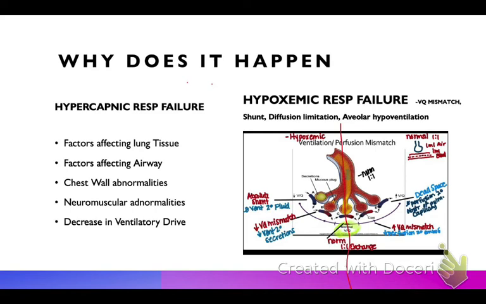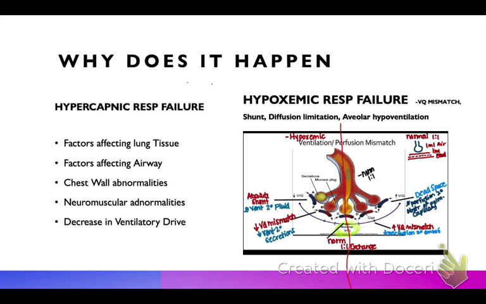So think about your septic patient. If we don't get those antibiotics in them within the hour, and we don't give them some oxygen, and we don't get them some fluids, and maybe even a vasopressor, then we're getting down to the cellular level. We're going to switch from aerobic metabolism to anaerobic.